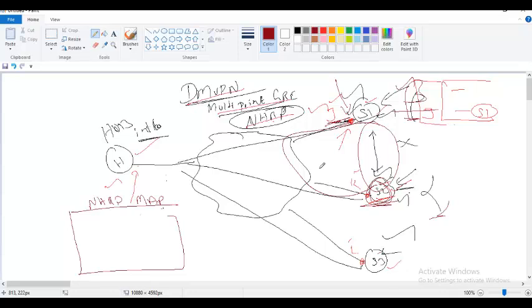See, let me repeat. The hub doesn't know any spokes initially, but we will configure all spokes with the hub information.